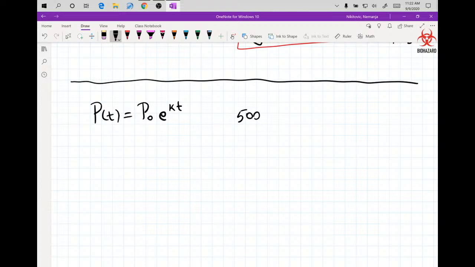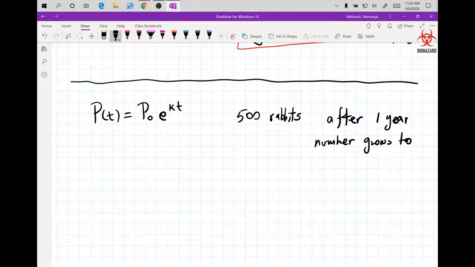So 500 rabbits are dropped in, and after 1 year, the number grows to, let's say, I don't know, 1,700 rabbits.